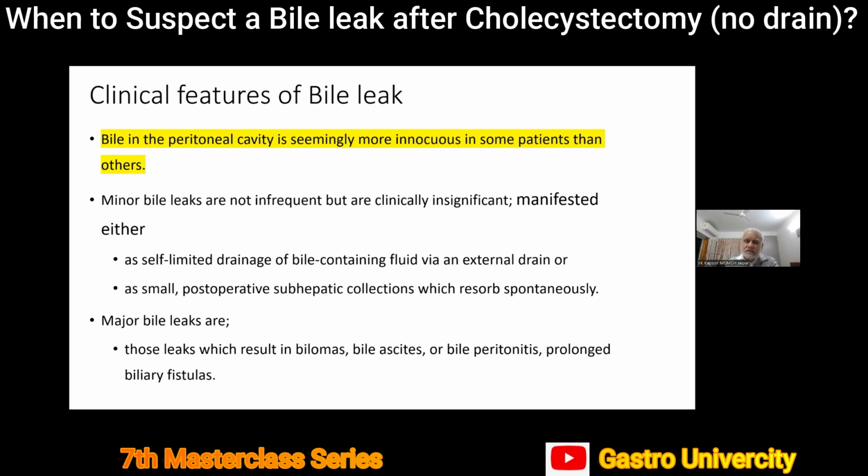Bile ascites, which is bile in the entire peritoneal cavity, free bile, with or without sepsis. So bile ascites or bile peritonitis. And then, of course, if you have a drain or if you place a percutaneous drain, it becomes a fistula, which is controlled. But if it comes out through the port site, it becomes an uncontrolled biliary fistula.